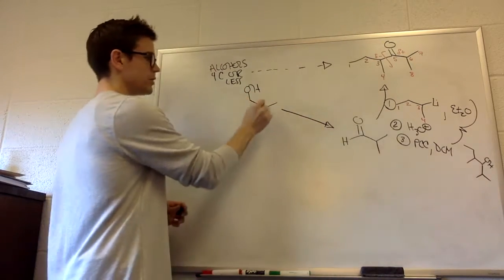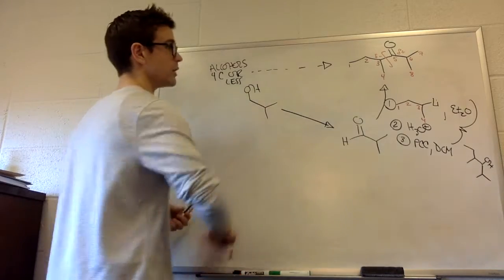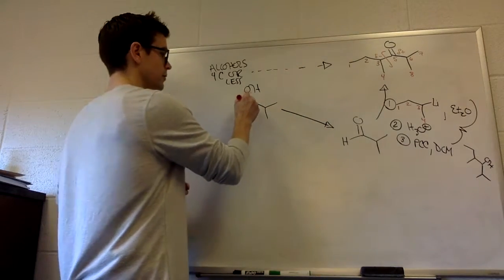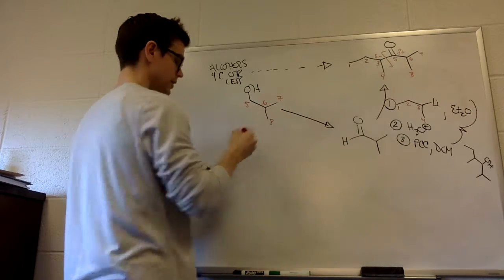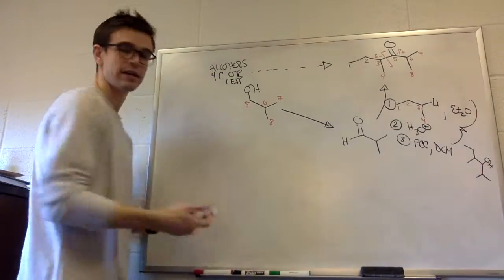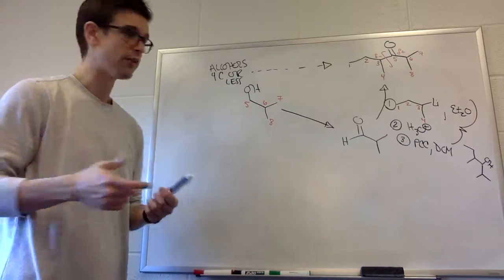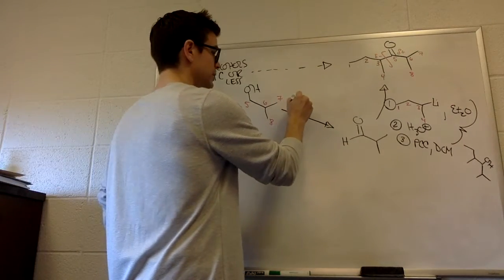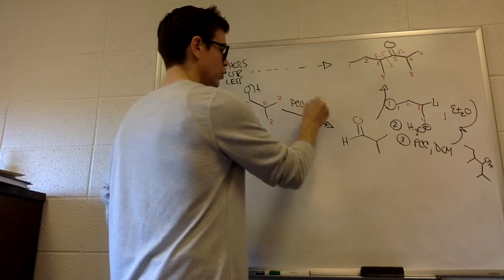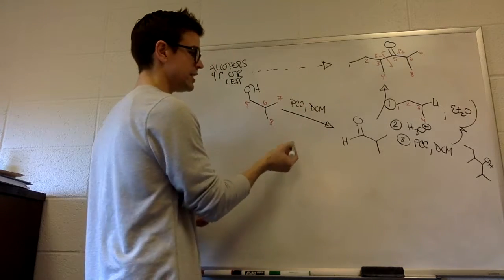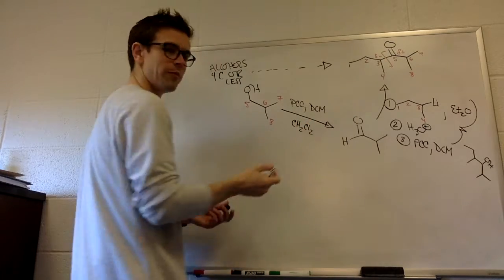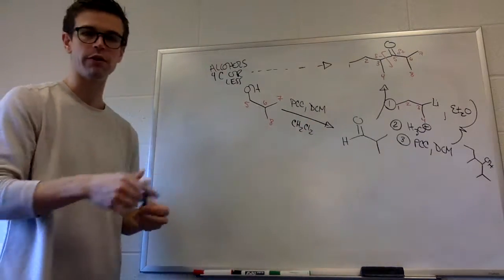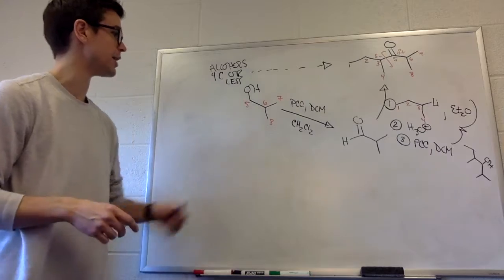And again, this has 1, 2, 3, 4 carbons, and we can look at where they are over here and say this is carbon 5, 6, 7, and 8, and we're just converting that to the aldehyde. So we're going to use PCC in dichloromethane. And sometimes I write DCM for dichloromethane. Sometimes I write CH2Cl2. This is dichloromethane, so I just wanted to write both of those up there. Okay, so that's how we got that.